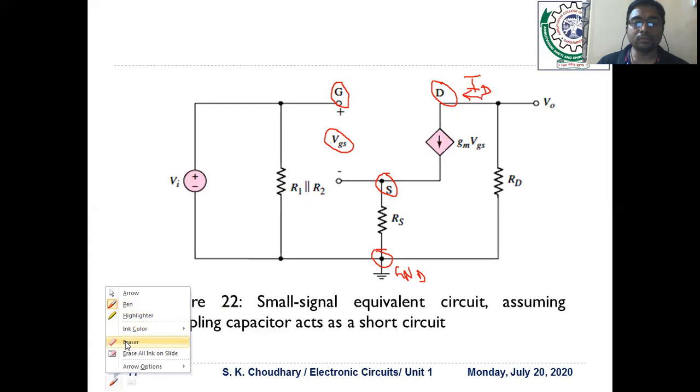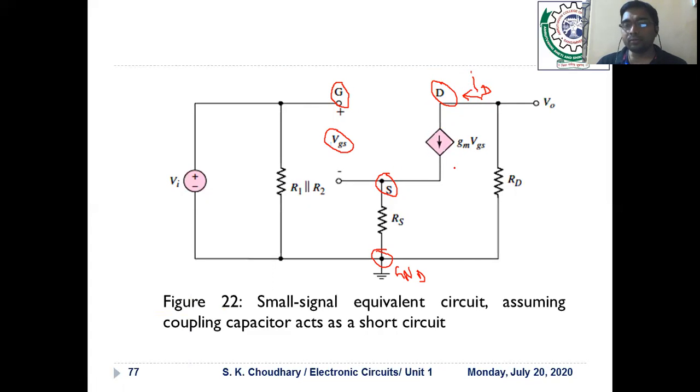You can show it as the AC drain current, or maybe a combination of AC and DC, so the notation is small id. This current flows from drain to source, and as per the correlation with the transconductance term, it is represented as gmVgs.